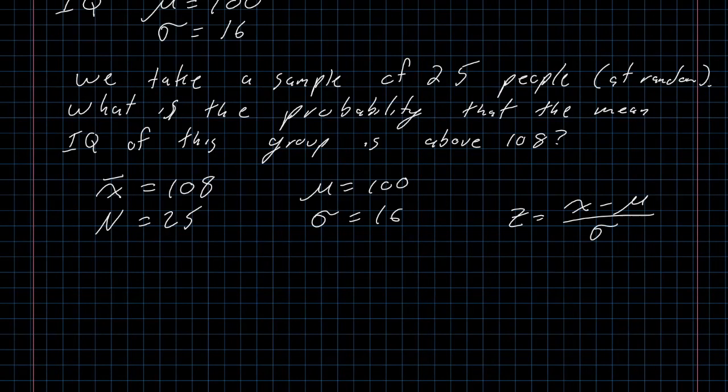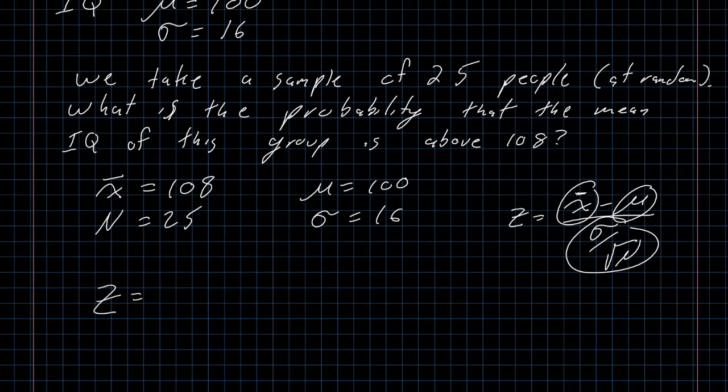But for the sampling distribution, population mean is still the population mean. Instead of having an individual score, we have an average score. And the standard deviation of the sampling distribution is sigma divided by the square root of n.